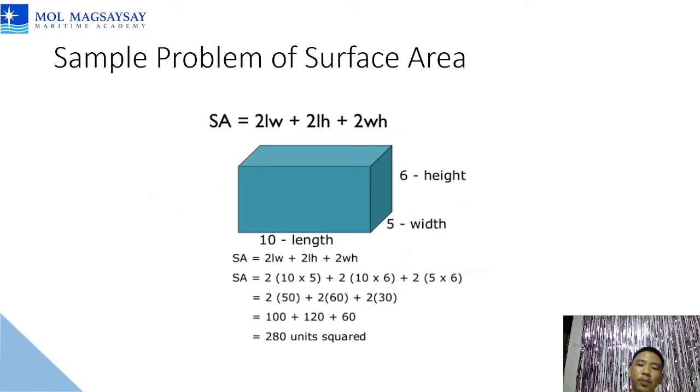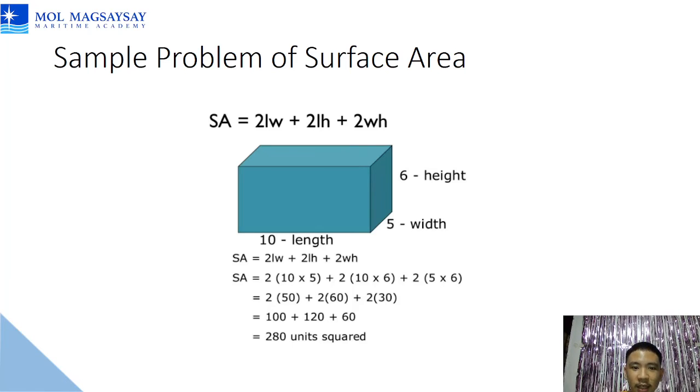So here is our sample problem. As you can see, our height is 6, our width is 5, and our length is 10. So here's our formula. Surface area is equal to 2 open parenthesis 10 times 5 close parenthesis plus 2 open parenthesis 10 times 6 close parenthesis plus 2 open parenthesis 5 times 6 close parenthesis. So the first rule is that we calculate first the inside of the parentheses.